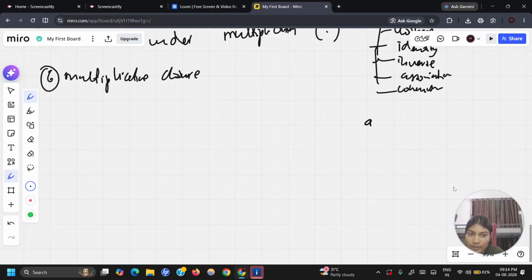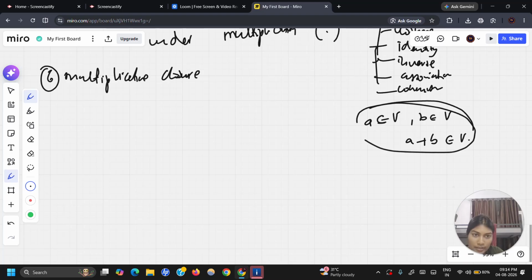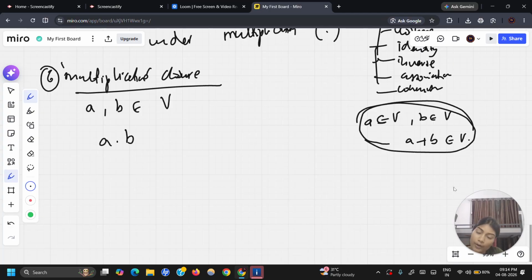So in addition, we have seen that if A belongs to V and B belongs to V, then its resultant also belongs to V. So if this happens, then we say that it is closure under addition. And here the same way in multiplicative closure also we consider multiplication. If A comma B belongs to vector space V, then A dot B or A multiplication B also belongs to V, then we say that it satisfies closure property.